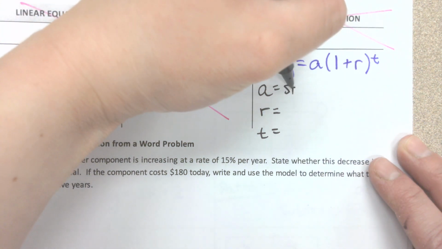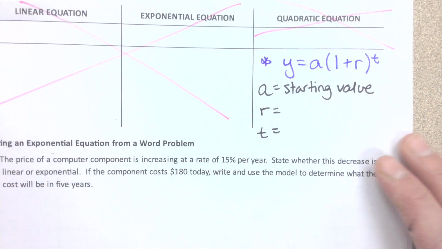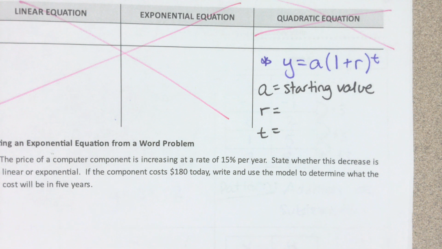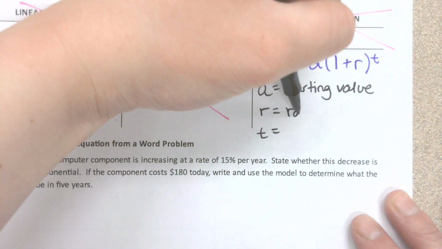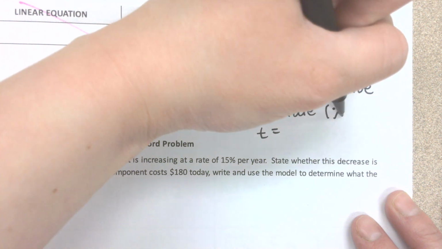A is the starting value. That's what we begin with in the problem. Starting price, starting amount, those kinds of things. R is rate, and you'll be able to tell what it is in the problem because it's a percent.